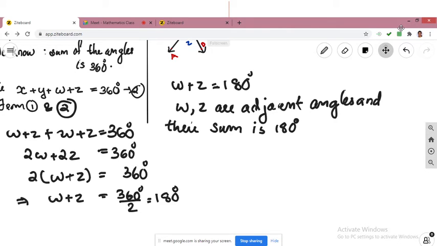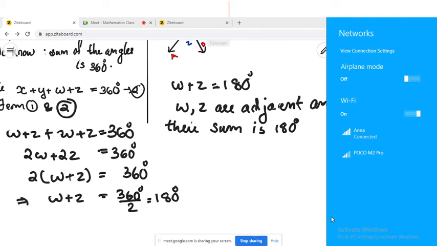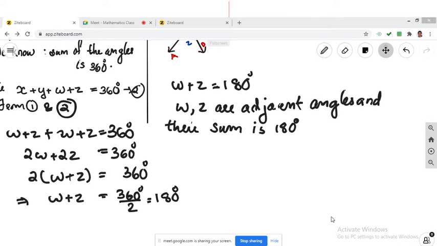You will say that if the angle's measure is 180 degrees, right? Can you hear me? Ma'am, your voice is again breaking. Okay, let me check. Is it breaking for everyone? No, ma'am, now it's clear.